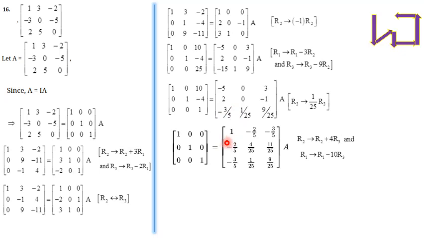When you calculate, you will get minus 2 by 5. Next, the element is 0 plus 4 into 1 by 25, that is 4 by 25. Next, the element is minus 1 plus 4 into 9 by 25. You will get 11 by 25.